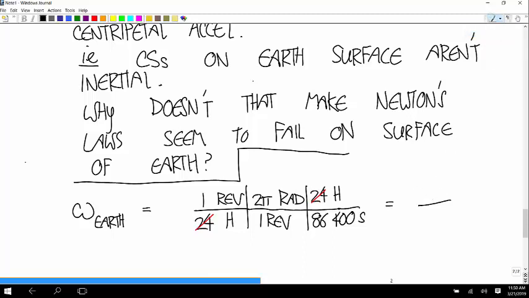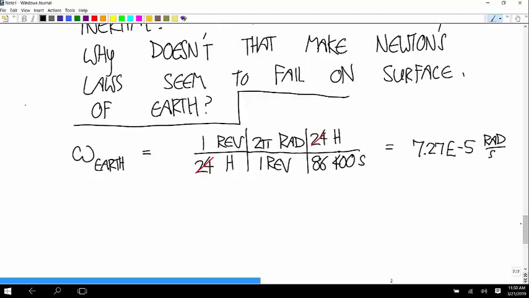And so what is that about? I just want to point out how little that is. It's about 7.27 times 10 to the minus 5 radians per second. And then to calculate the acceleration, the radius of the Earth is really big. I can't remember what, let's say it's 1 times 10 to the 6th meters, something like that.